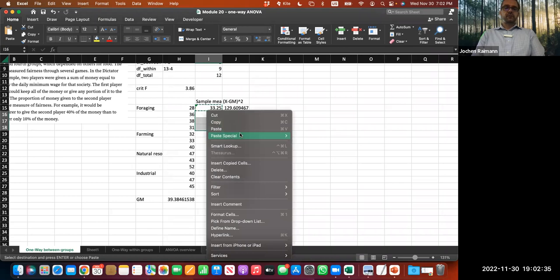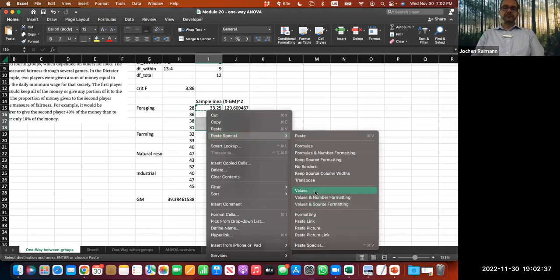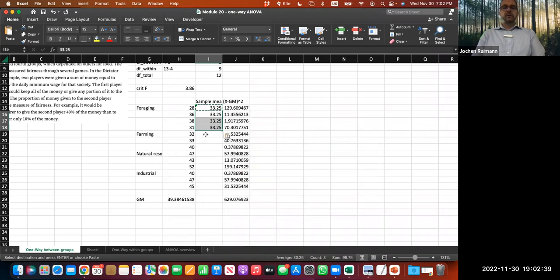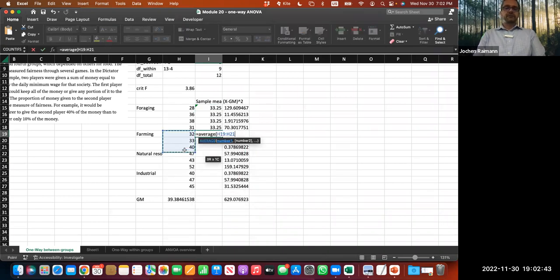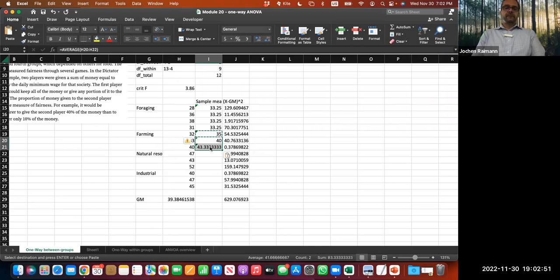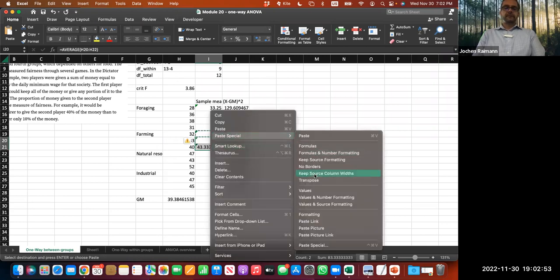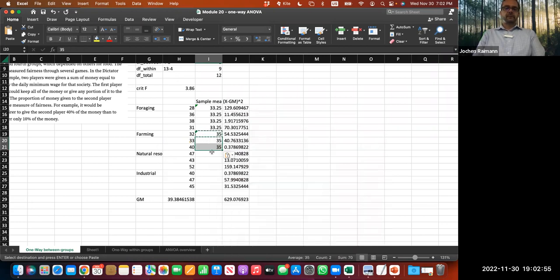We propagate this all the way down. We're calculating here again an average of these three entries. Same here.